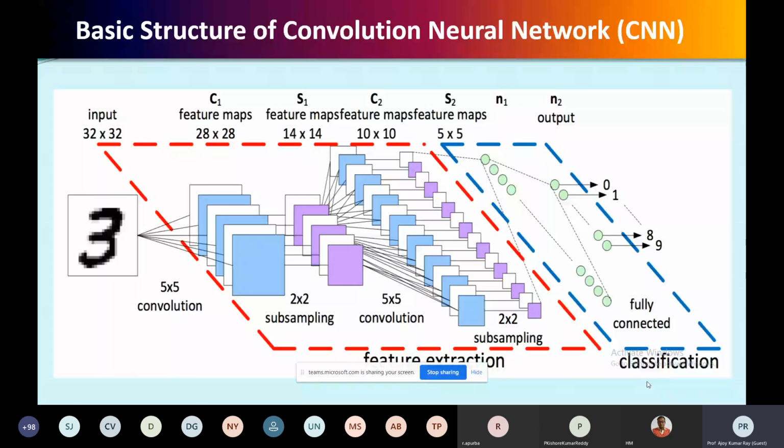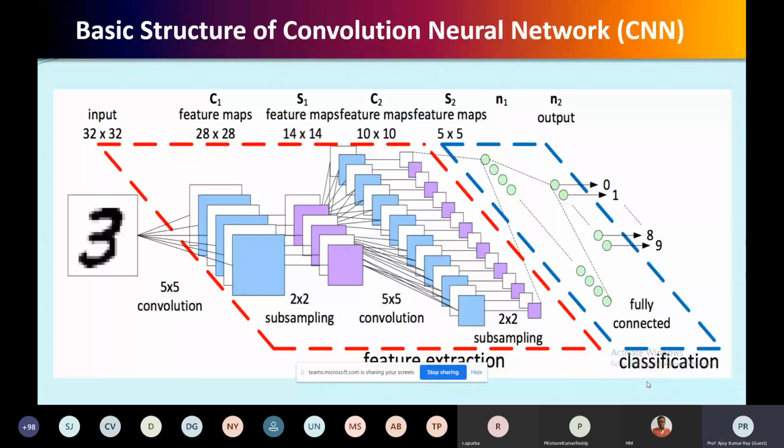Now each of the pixels will have to be sent to the feature map. From 32 by 32, when you do the convolution, you will get 28 by 28. Why? Because the outer layers will be removed: 2 from top, 2 from bottom, 2 from right, 2 from left. So ultimately, it will be reduced to 28 by 28. That is the convolution value.